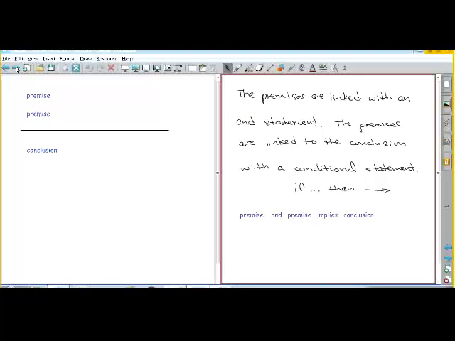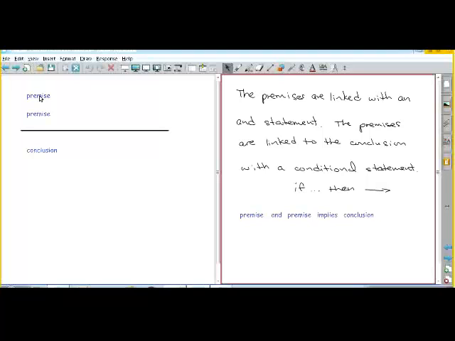So here it is. The premises are linked with an AND statement. So we have two premises. They either can be just a statement, or, using the example, if you study hard, you will get an A. That is a compound statement. That's one premise. And I studied hard is just a statement, not a compound statement.